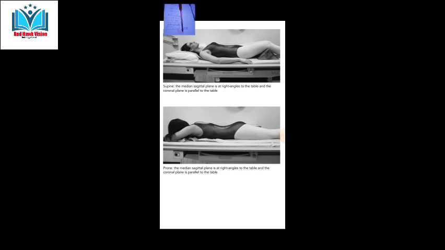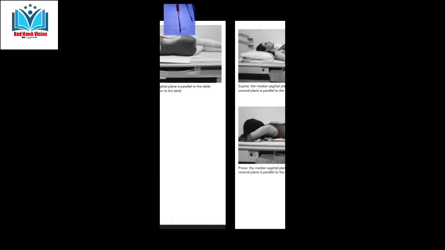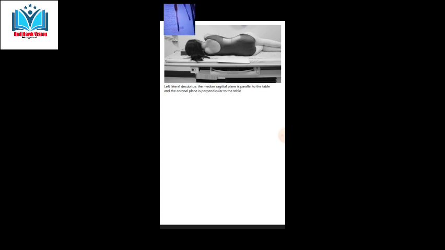For example, we have a patient in the supine position with the median sagittal plane at right angles to the table and the coronal plane parallel to the table. In the second image, we have a patient in prone position. The median sagittal plane is at right angles to the table and the coronal plane is parallel to the table.